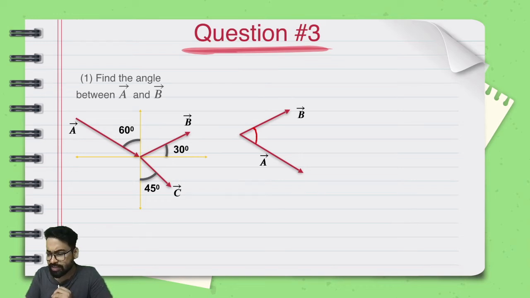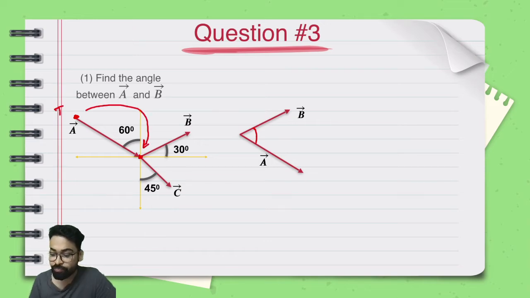I would say that let's try to see how exactly A is going, because if I put this point over here, then my work would be done, because the tail of A can be taken to this tail of B, and we get this sort of a thing.